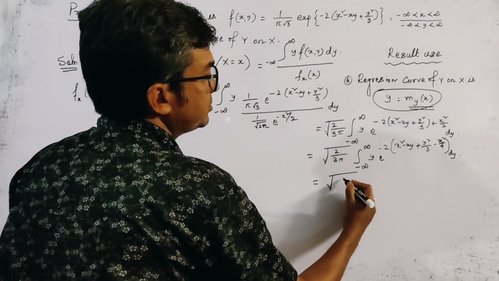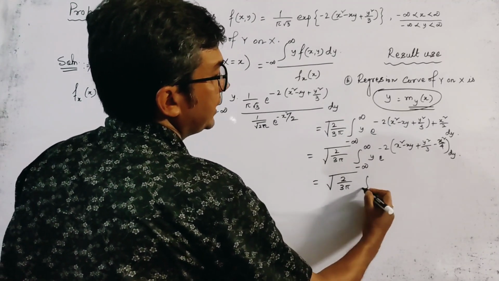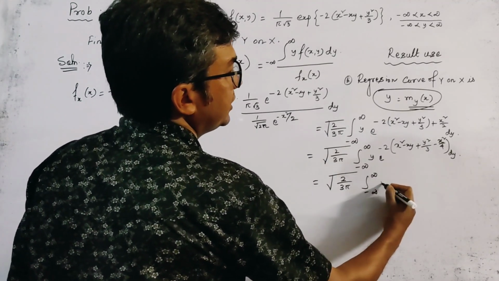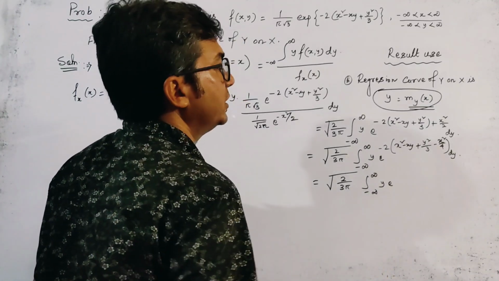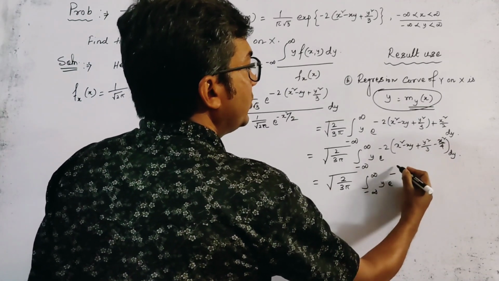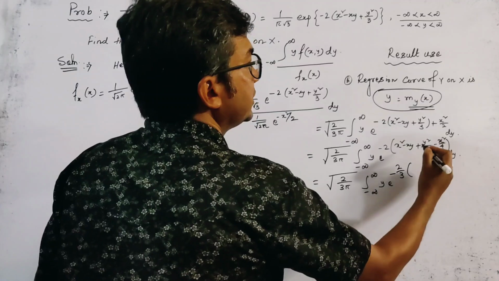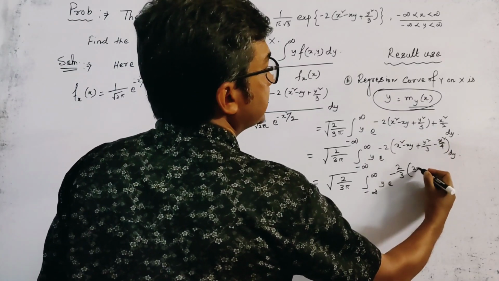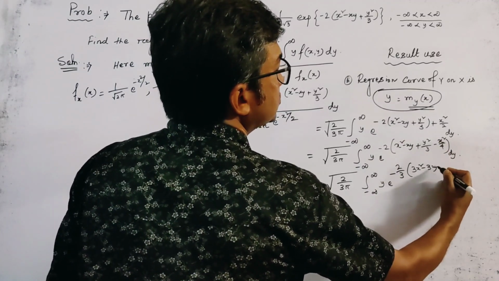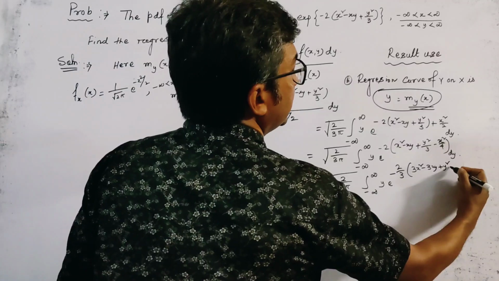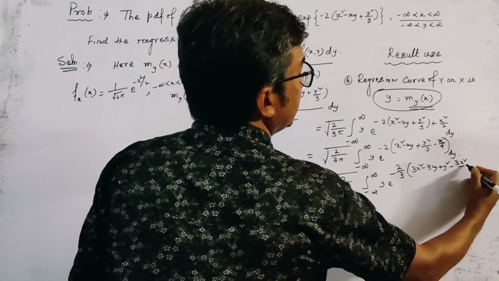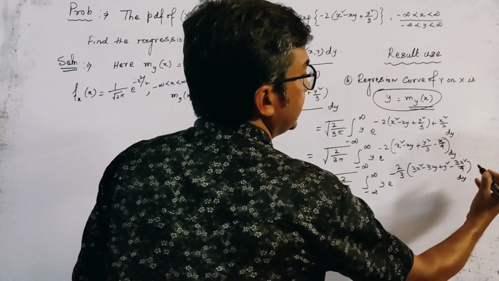And this gives root 2 by 3 pi integration minus infinity to infinity y into e to the power minus, now we take common 3, we get 3x square minus 3xy plus y square minus 3x square by 4, dy.